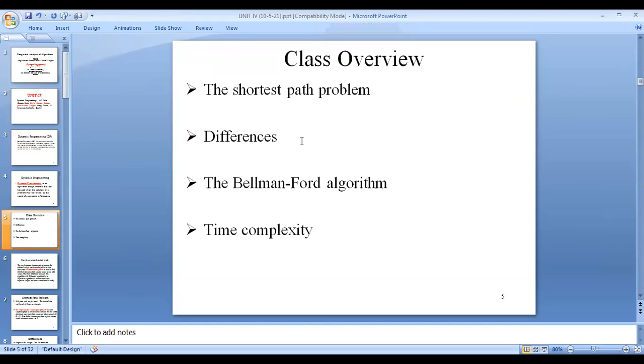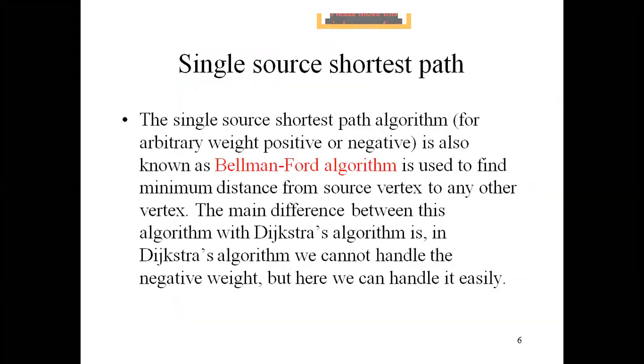We have two major important algorithms for shortest path finding: the first is the Bellman-Ford algorithm, and the other is Dijkstra's algorithm. Dijkstra's algorithm was already explained for finding the optimal solution.